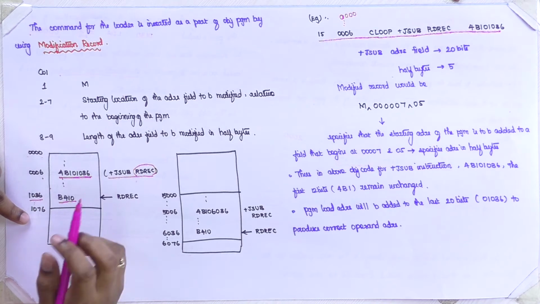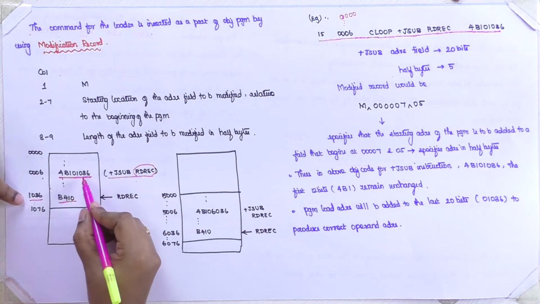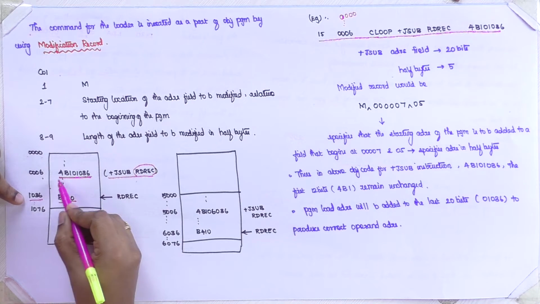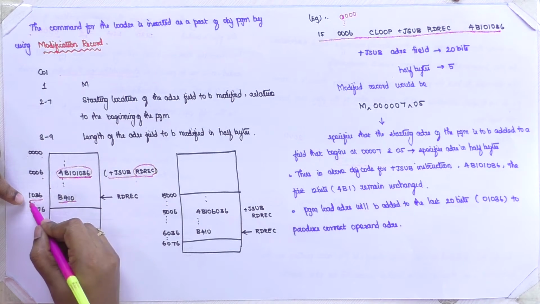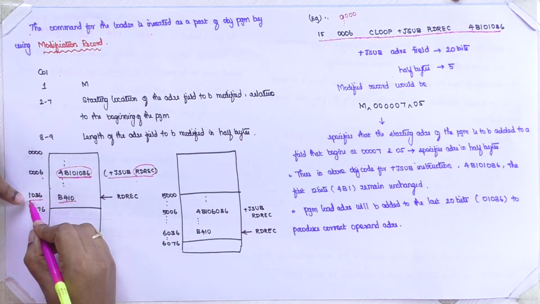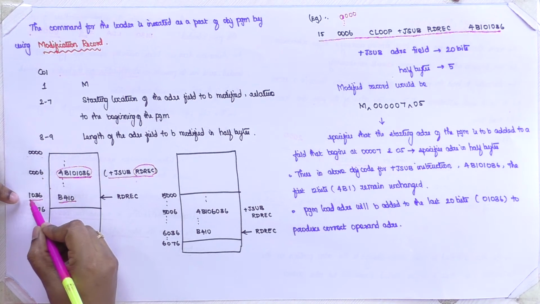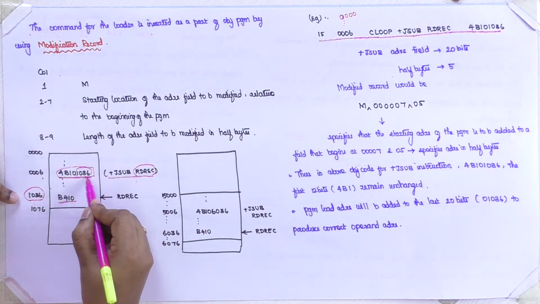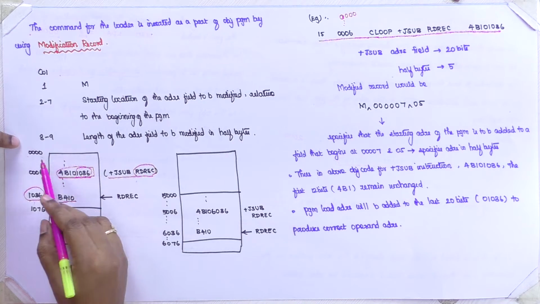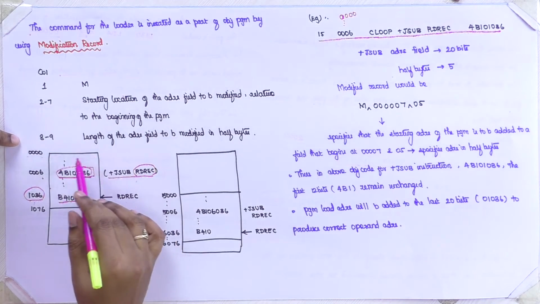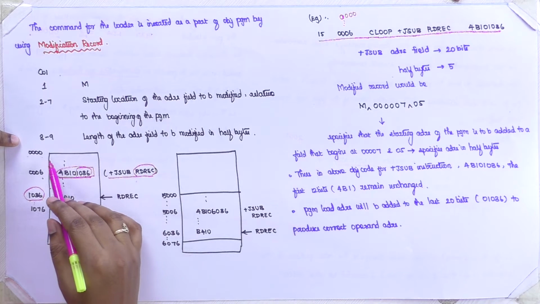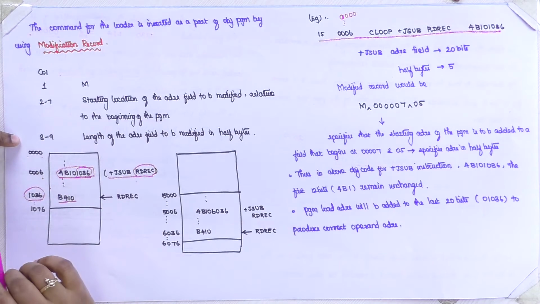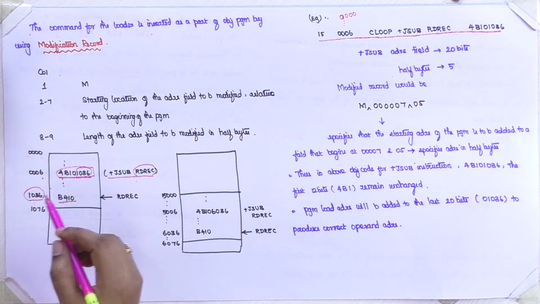So 1076 is the end of our program. We have written the object code for this instruction depending upon the RD REC value. RD REC is present at location 1036, so I am adding 1036 here. This is the memory location of my program if it gets loaded at 0000.